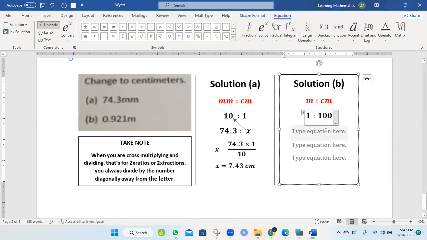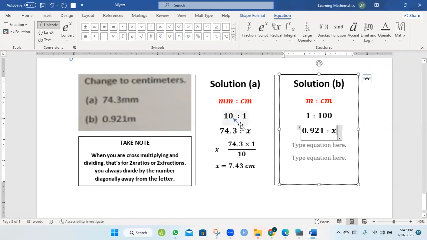The third ratio must have a number and a letter. The number is in the problem, 0.921 meters. So 0.921 must come under meters, and we're trying to find centimeters, so X comes under centimeters.